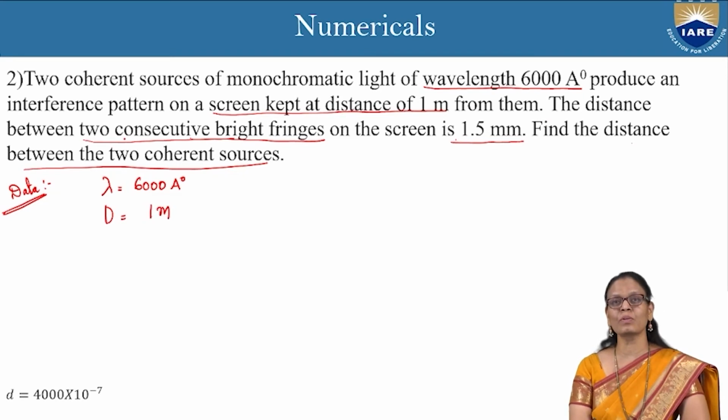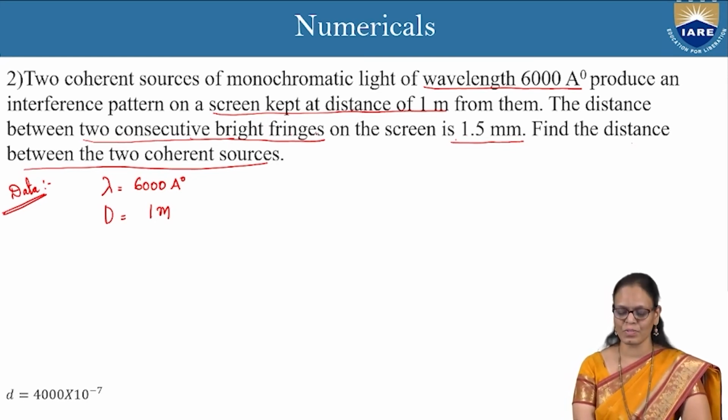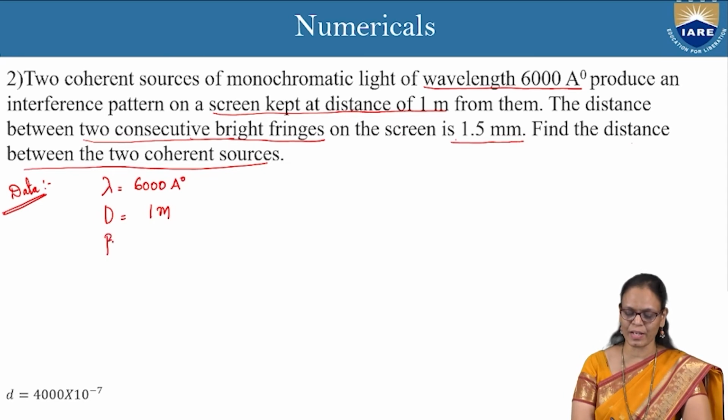We have seen in the theory, distance between any 2 bright fringes or dark fringes is the same and they are equidistant. So here we are writing beta is equal to 1.5 millimeter.